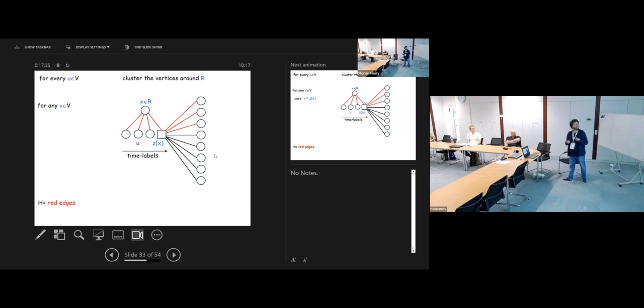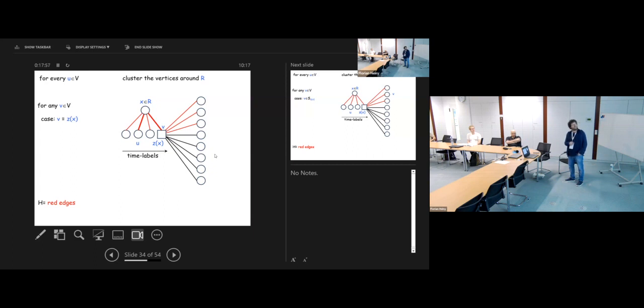How to do that? For instance, if you want to go from U to V, look at the cluster containing U, and if V is exactly the special vertex, here we can use this temporal path. And notice that this is temporal because of the ordering we chose here.